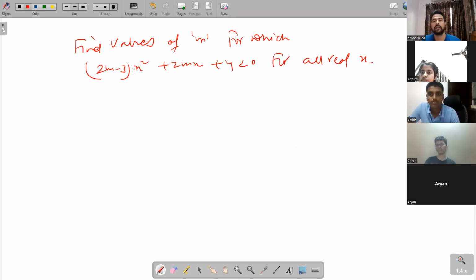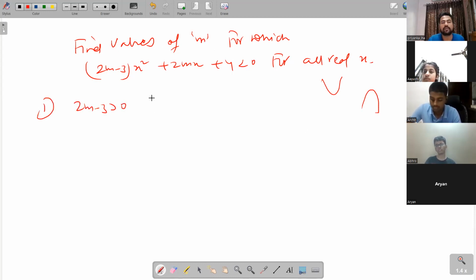So now you can see one thing. This is a quadratic equation, so the graph will be either like this or like this, right? You have to find the values of m for which this will be less than 0, so the graph has to lie below the x-axis. Suppose case number 1, if the leading coefficient is positive, the shape of the graph will be like this. If the graph is like this, then it cannot be less than 0, right?